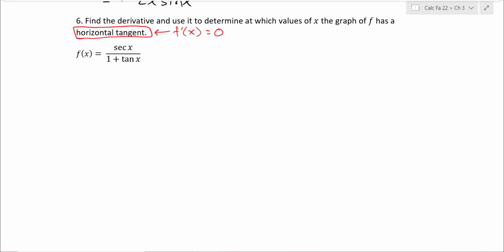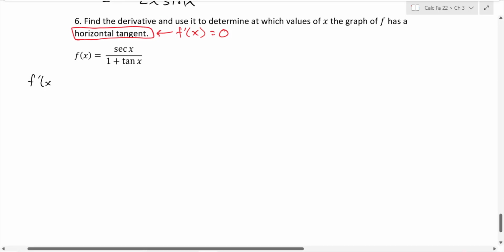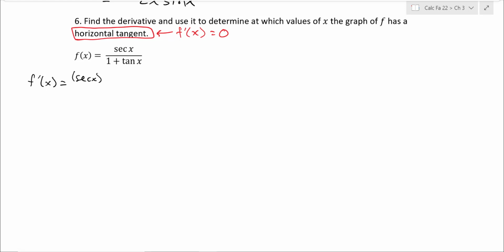So f prime of x is equal to the derivative of secant x times 1 plus tan x, minus secant x times the derivative of 1 plus tan x, all over 1 plus tan x quantity squared.